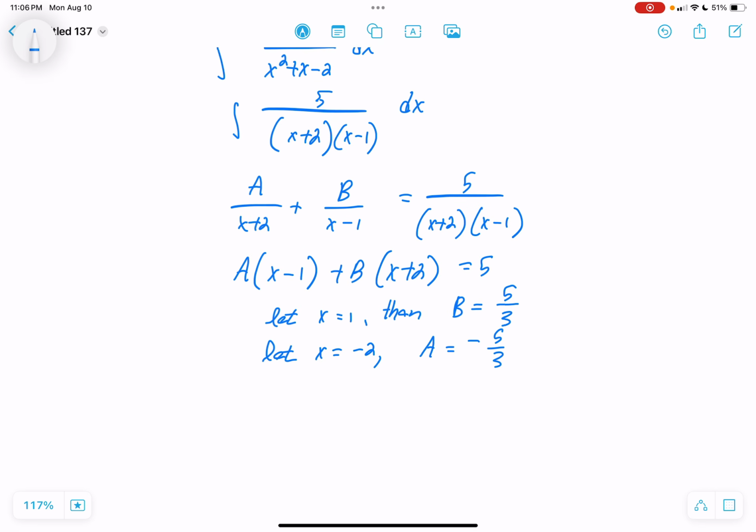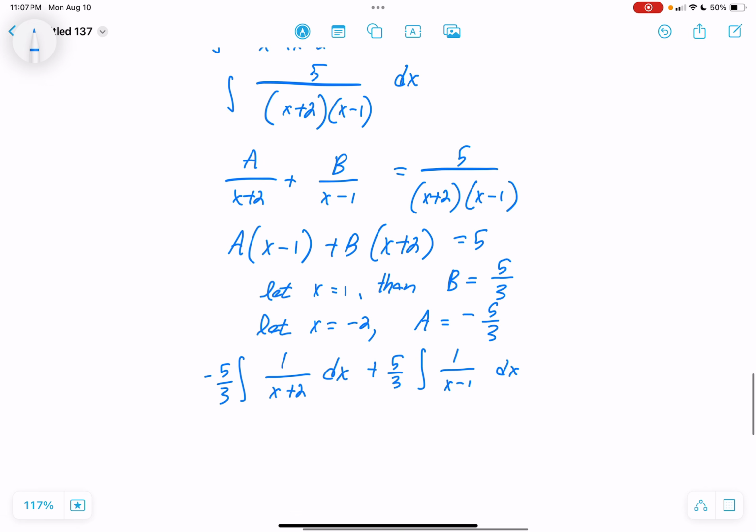So now I'm going to have the integral of negative 5/3, which I'm going to take out, 1 over x plus 2 dx, right? And then plus 5/3 integral 1 over x minus 1 dx. Now, one thing I'm going to do is rearrange this, get 5/3 integral 1 over x minus 1, and you'll see why. Minus 5/3 integral 1 over x plus 2 dx.